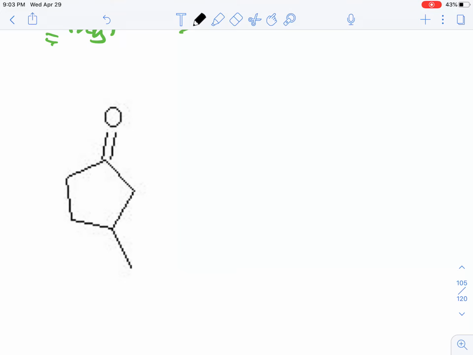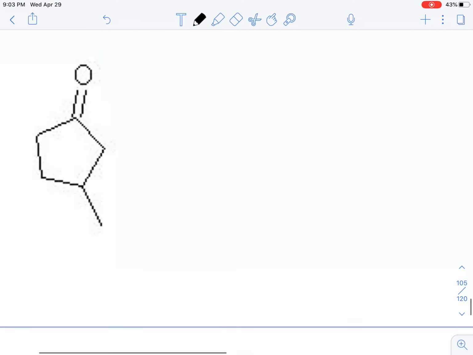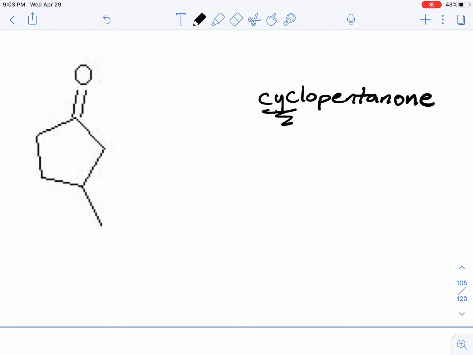So here we have a cyclopentane. So no double bonds, all single bonds in the carbon chain. And so I know that I'm going to have to replace the E with the -one. And so since this is a cyclic compound, I know automatically that this is carbon number 1.